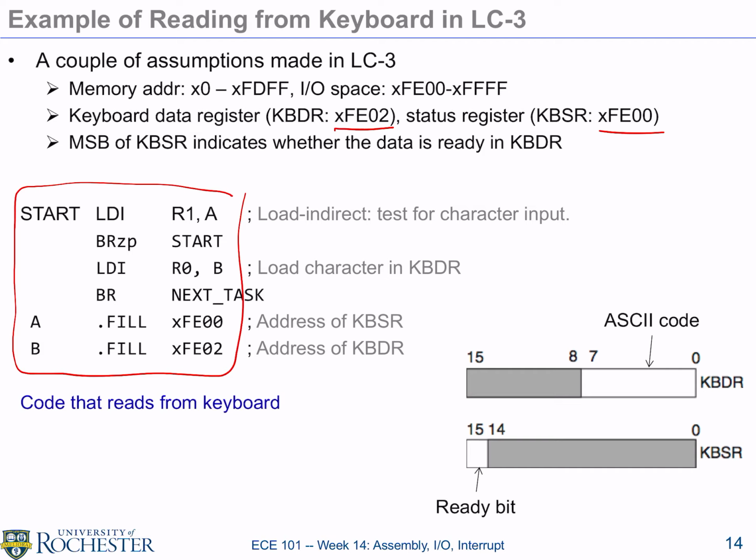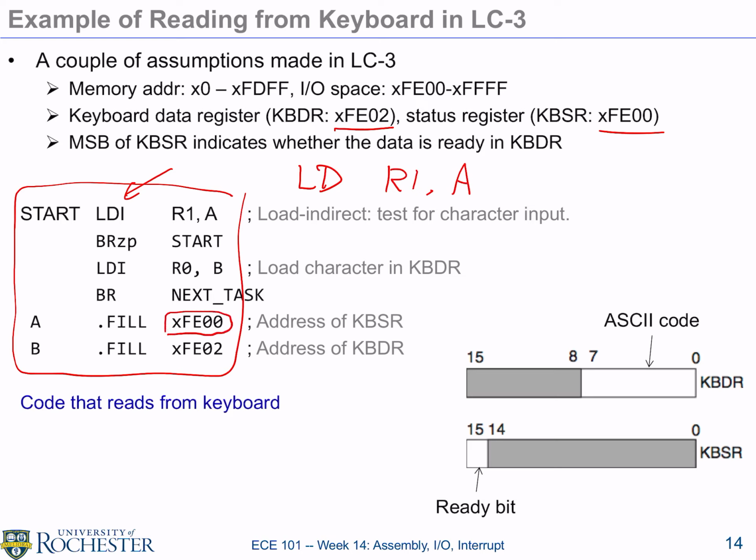Now we come to realize the use of this little weird instruction called load indirect. You probably still remember if I have just load R1 destination register A, what that does. It's PC offset. The assembler is going to figure out what the offset of A is, and it will load from that memory location.